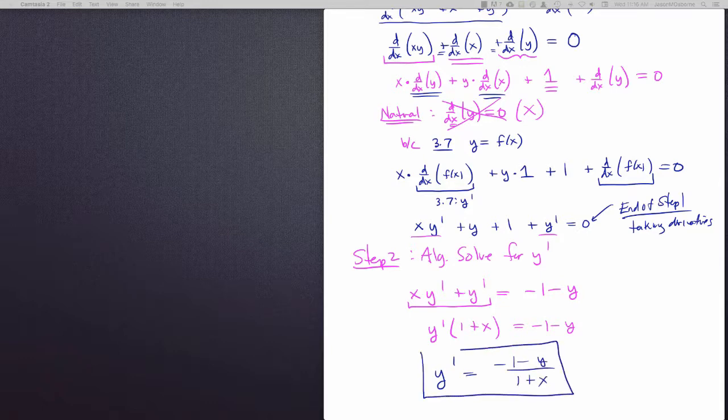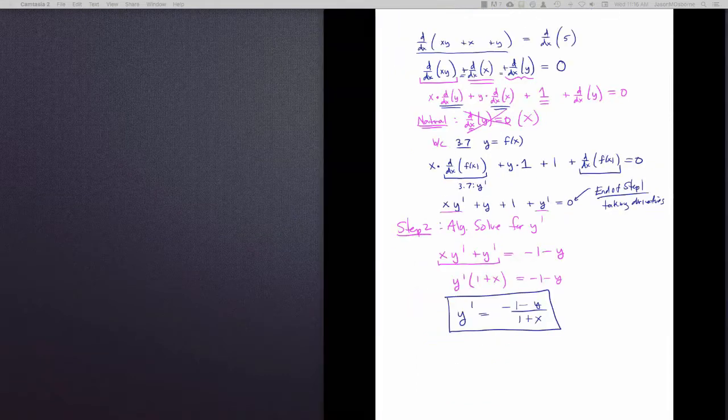And here we have found the derivative as a function of x and y. Okay? So the thing to note here is that your original implicit function, notice that it was xy plus x plus y is equal to 5.